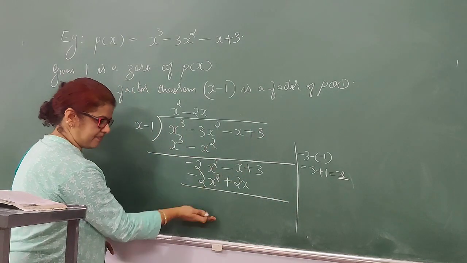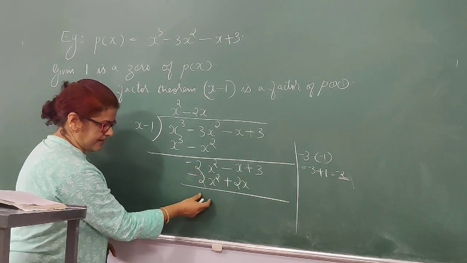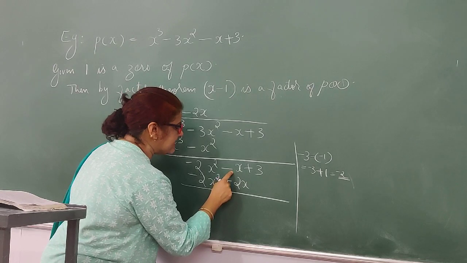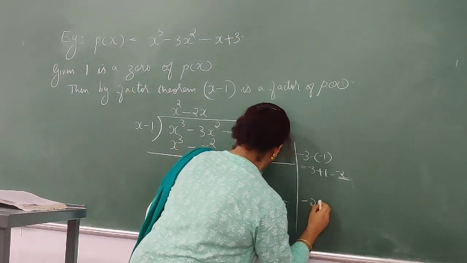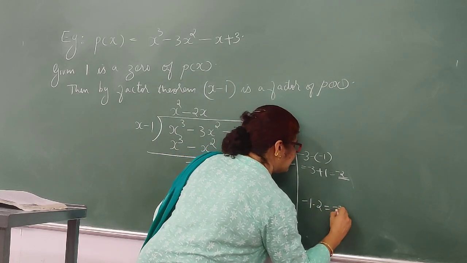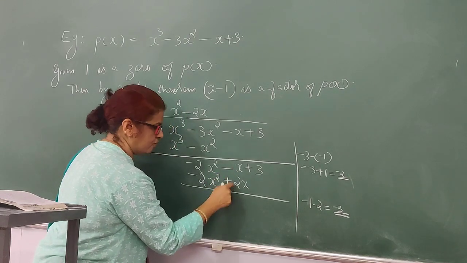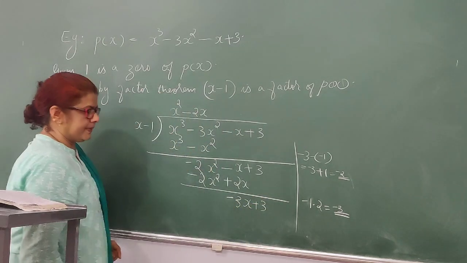Next, subtraction, and the first term cancels, it will become 0, and here minus 1, minus 2, minus 1 minus 2 is minus 3. Here we get minus 3x plus 3.